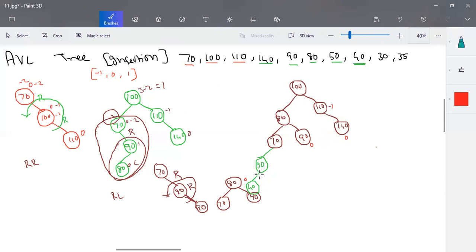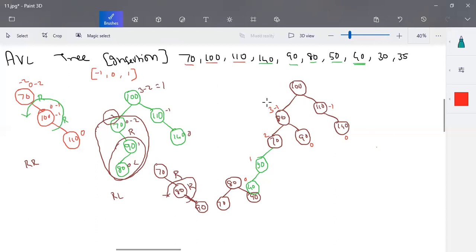Now for 50, what happened? Sorry, you have one left subtree, no right subtree, balance factor is 1. And for 70, you have the height of left subtree is 2 and height of right subtree is 0. So it is 2 balance factor, an imbalance occurs here. And for 80, what happened? The same thing, right? The height of left subtree is 1, 2, 3, and height of right subtree is 1.